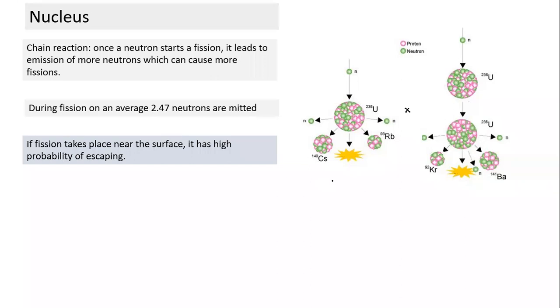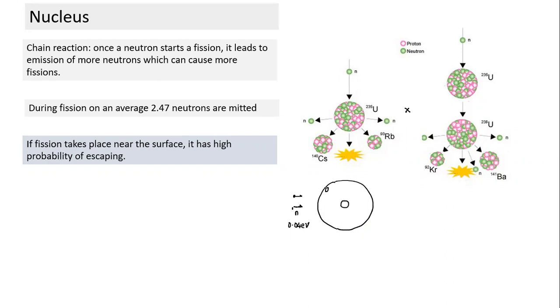Let's take a particular sample of uranium in its simplest form, a sphere, and we bombard it with slow moving neutrons. It may trigger this kind of nuclear reaction, but the reaction may happen near the surface or in the interior part.